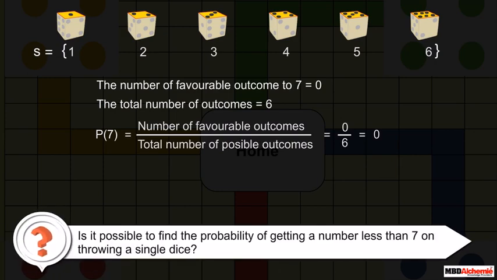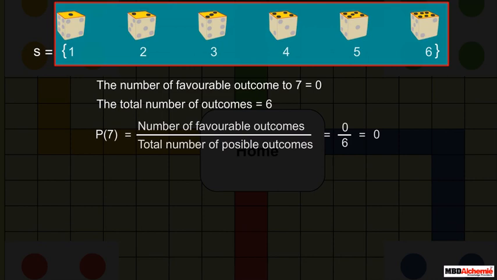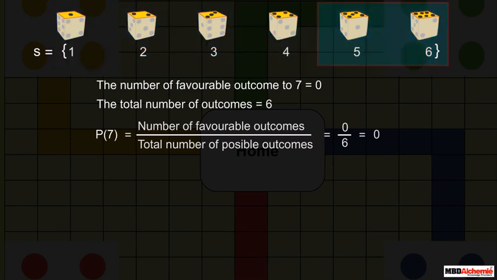Now, is it possible to find the probability of getting a number less than 7 on throwing a single dice? If yes, then find its probability. Since every face of a dice is marked with a number less than 7, it is possible to find the probability of each and every number.